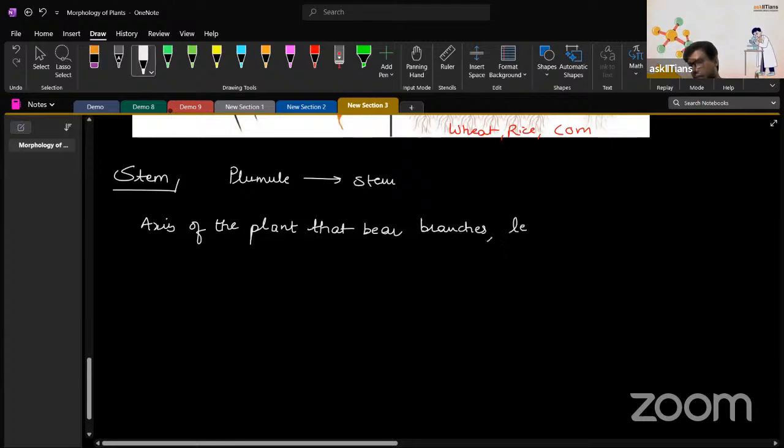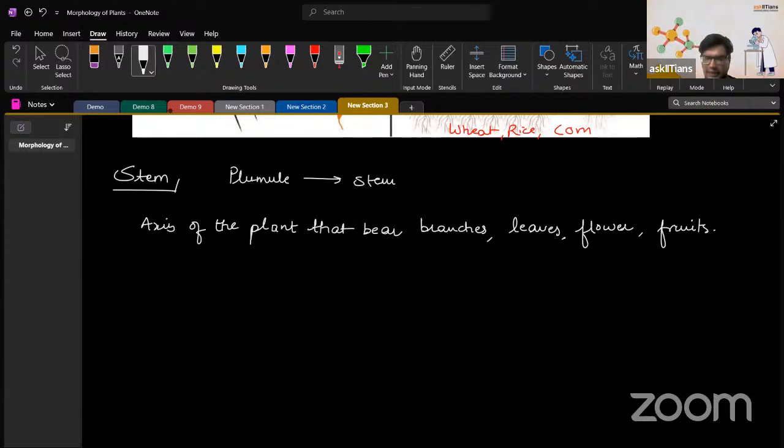The branches contain leaves, obviously. They contain flowers, and the flowers are obviously going to be converted into fruits. So I think that is a basic definition of stem: the axis of the plant that bears branches, leaves, flowers, fruits, all that, right?